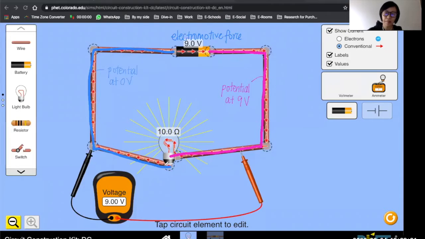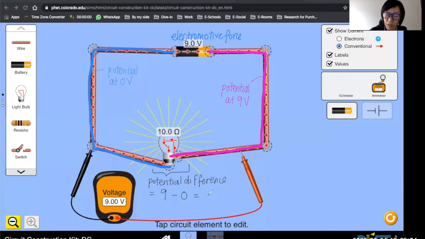So when this happens, the potential difference across the bulb, as you can see, one side of the bulb is connected to the pink and the other side is connected to the blue. The potential difference would be equal to 9 volts minus 0 volts, which is 9 volts.